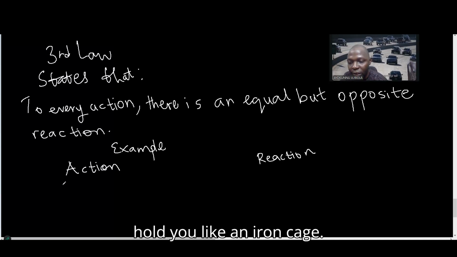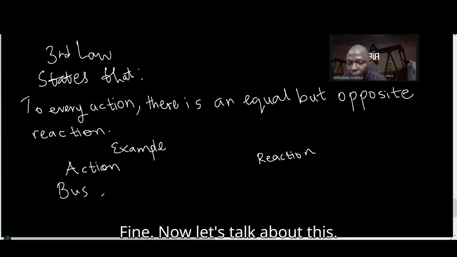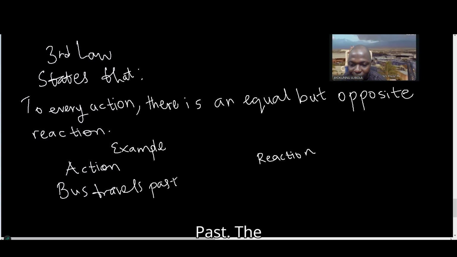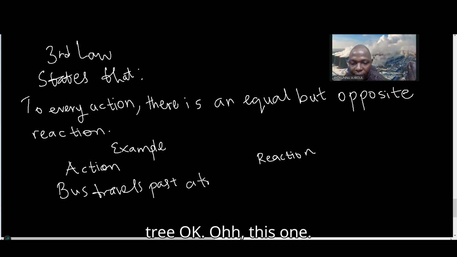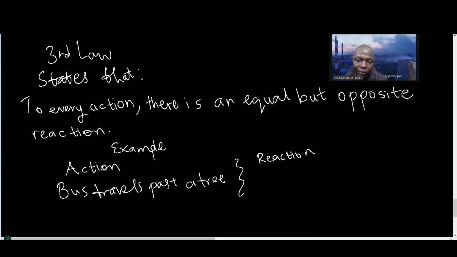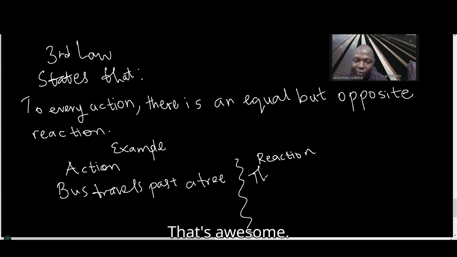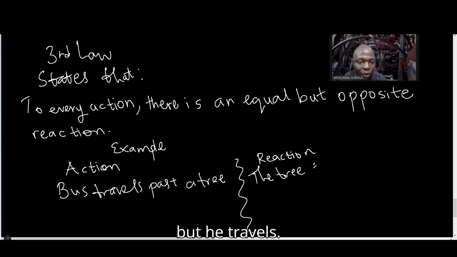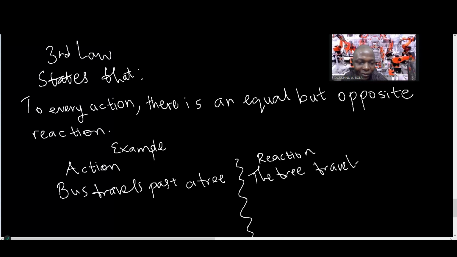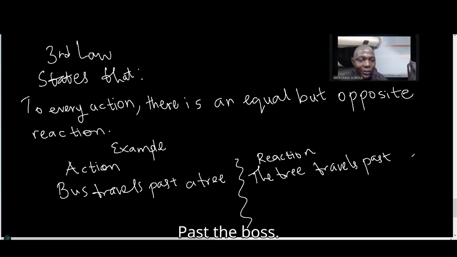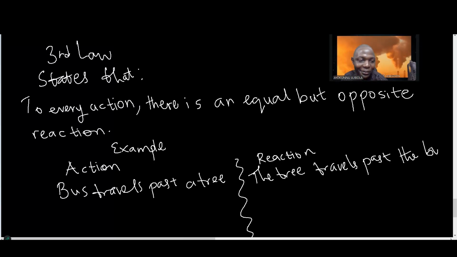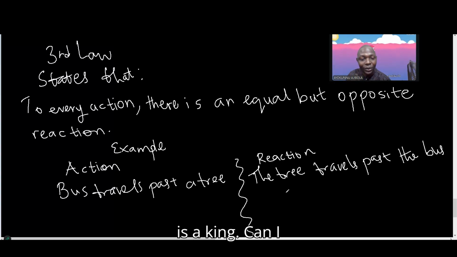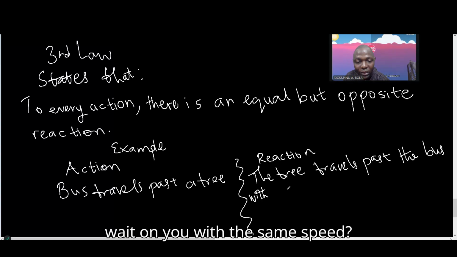Now let's talk about this. A bus travels past a tree, okay? The tree travels past the bus with the same speed.